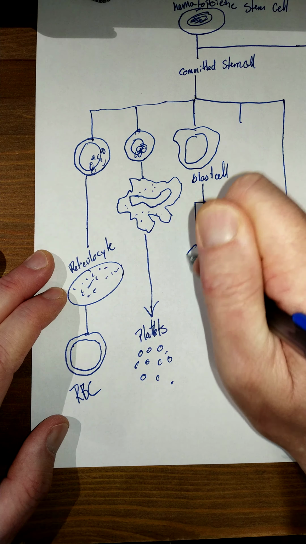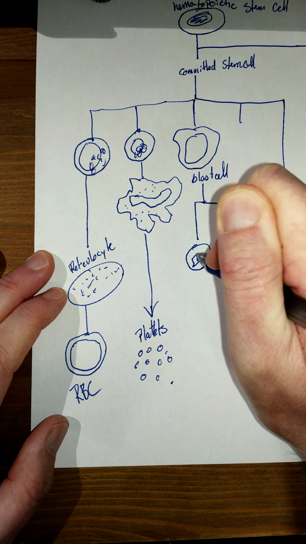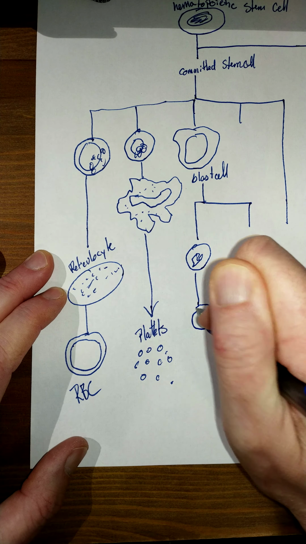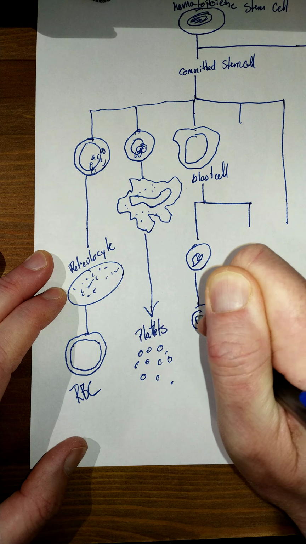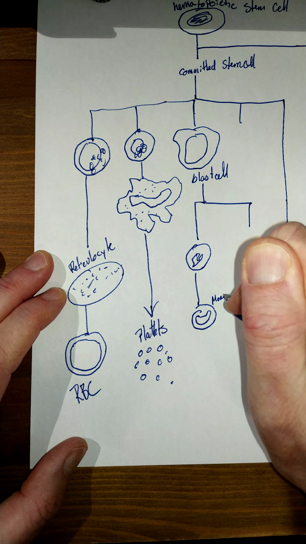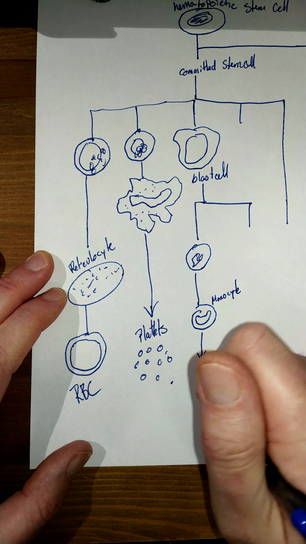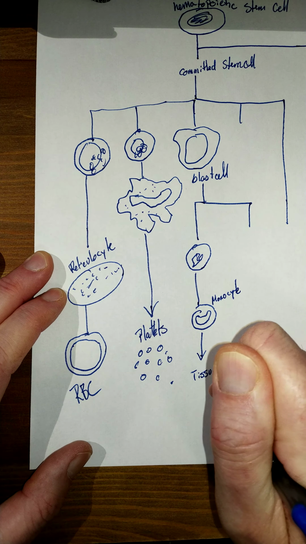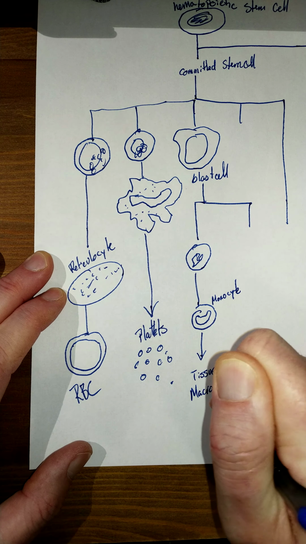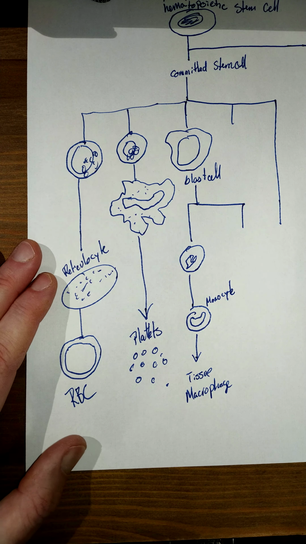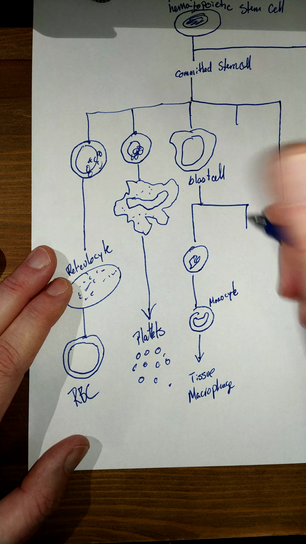So first stop in our differentiation to their next stop is a monocyte, which differentiates to a tissue macrophage. Remember, tissue macrophages are going to clean up all the garbage in the cell. They're going to eat it up.